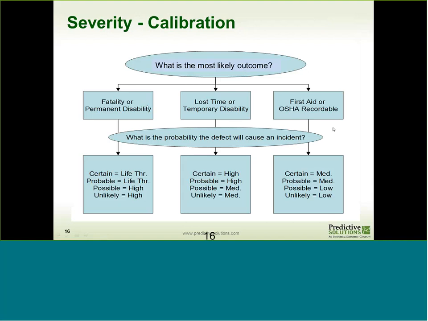Have them choose a likely outcome and then choose one of the likelihood questions or statements. Figure out what the severity is, and then compare that against what they put in the SafetyNet. And if it's different, have the conversation and adjust it in SafetyNet so they understand, hey, that low should be a high, and here's why, right?